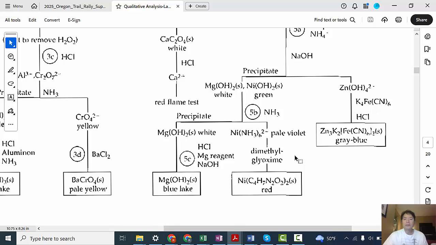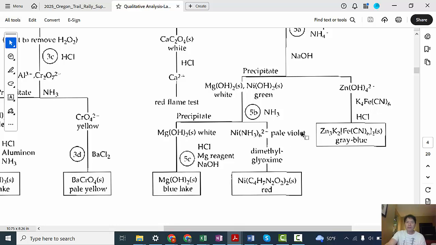And then we're going to just precipitate it out with DMG, dimethylglyoxime. I don't know pronunciation on that. My pronunciation not so great. And this will be the DMG.